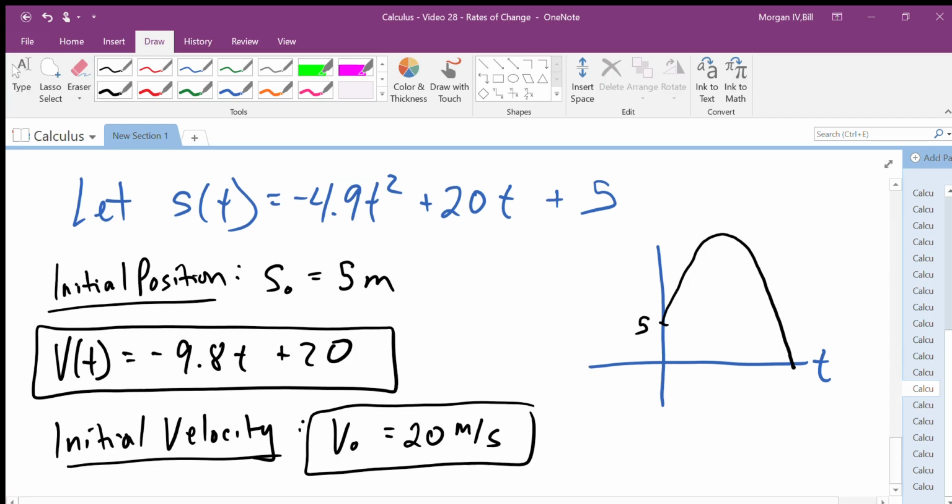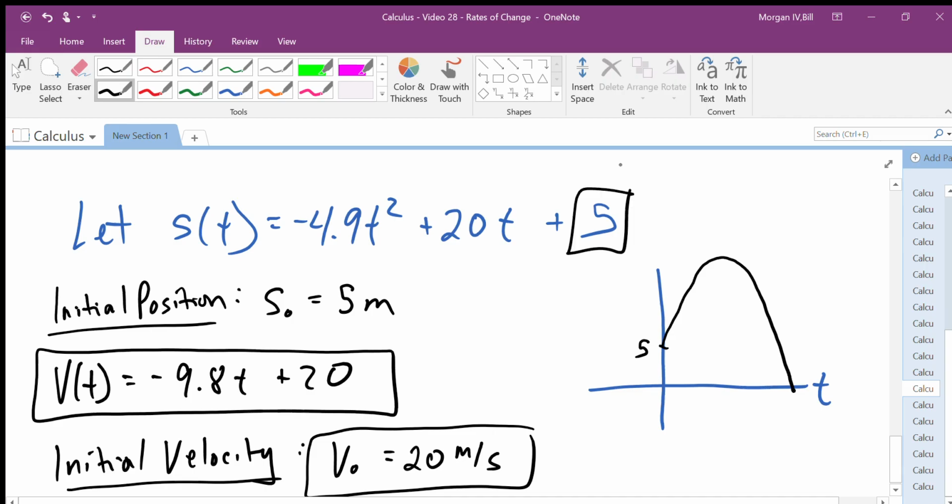When you go back to the position function, you see that this right here is S naught, the initial position when time is 0. But you also get right here, this 20 right here is V naught. And we know that because when we take the derivative, we see in this case we got for v of t negative 9.8 t plus 20. The 20 is now a constant, so when I let t equal 0, everything else drops off and I just have the 20. I can see my initial velocity from the original equation.